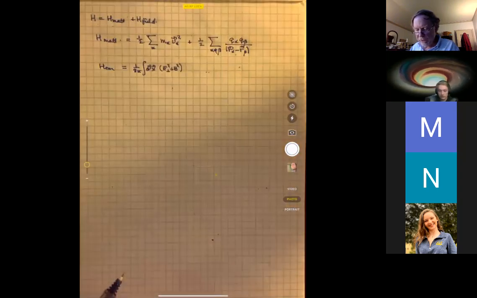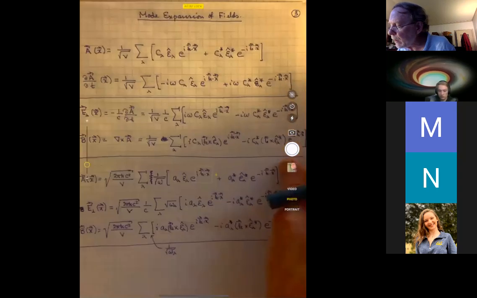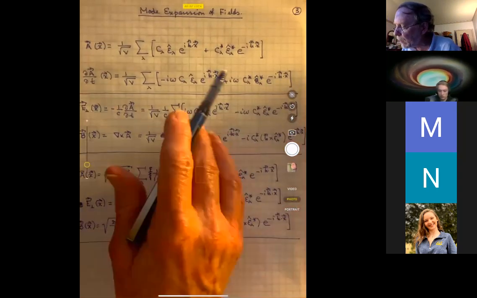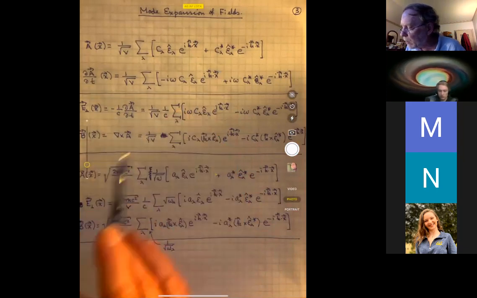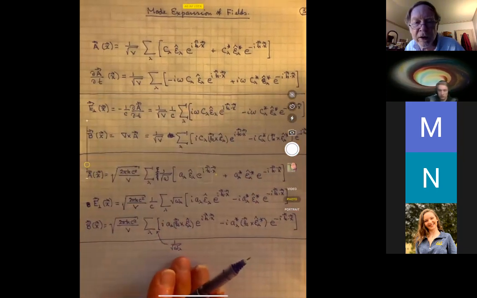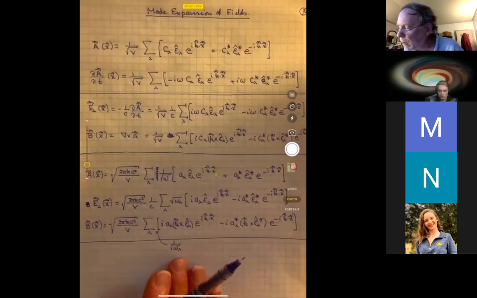If you do this for the free field, here's a summary of it: you get the mode expansions of the fields. This was based on the free field, but these same mode expansions are valid in the interacting field too, because that's our choice, we're keeping the coordinate transformations all the same.